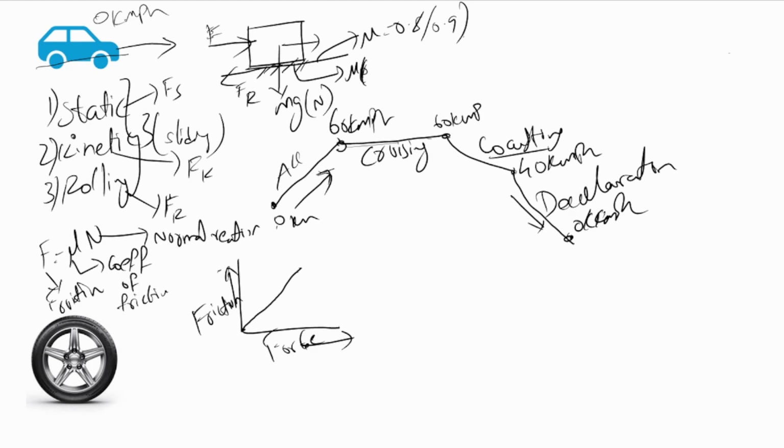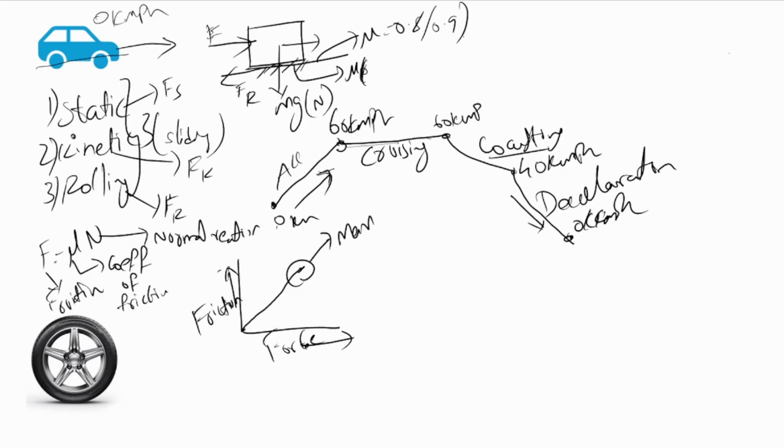The moment before the movement starts is called the maximum friction point, where your friction is at its maximum. Once your vehicle starts moving, static friction gives up.